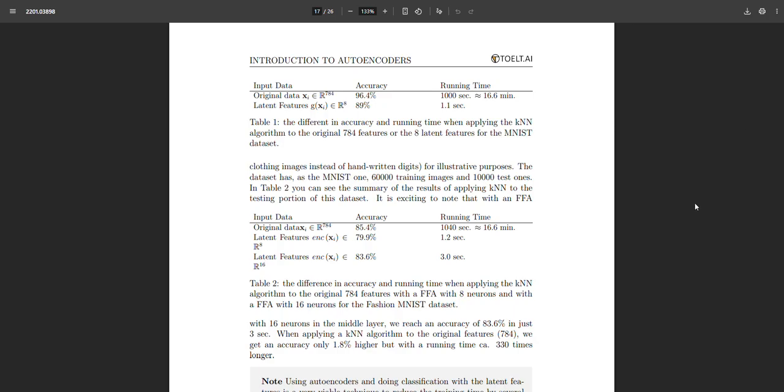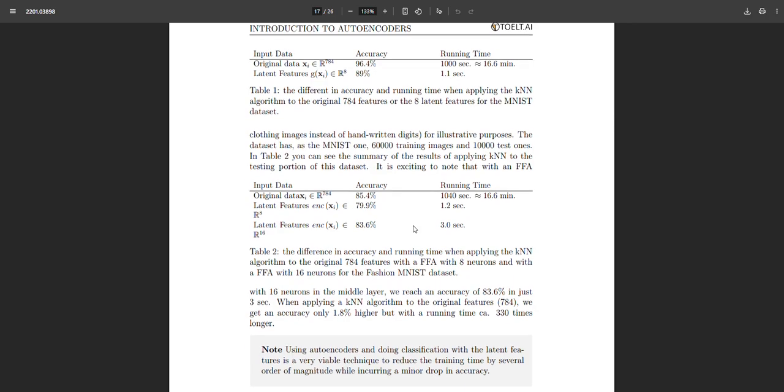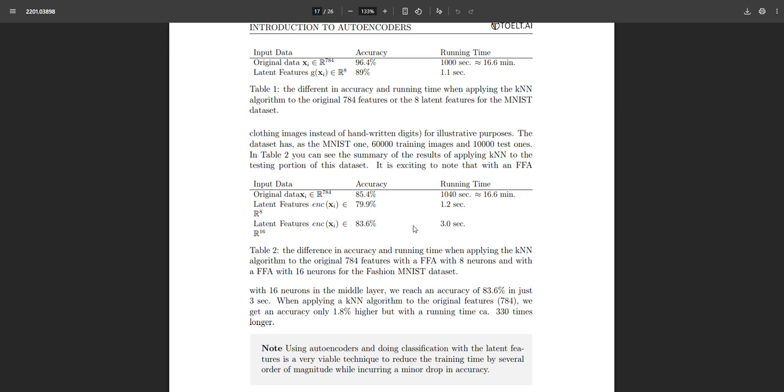So in conclusion, using autoencoders to do classification with the latent features is a highly viable technique. It allows you to reduce the training time by several orders of magnitude while incurring only a minor acceptable drop in accuracy. This is why the encoder's output is so valuable in machine learning pipelines.